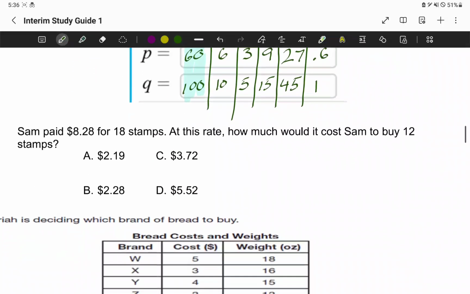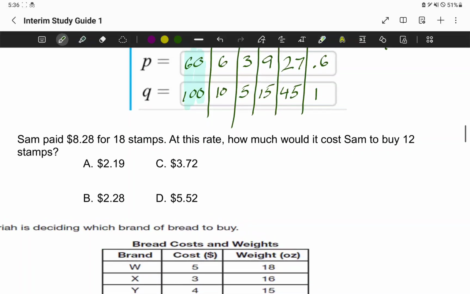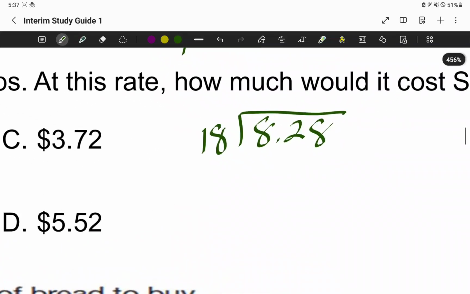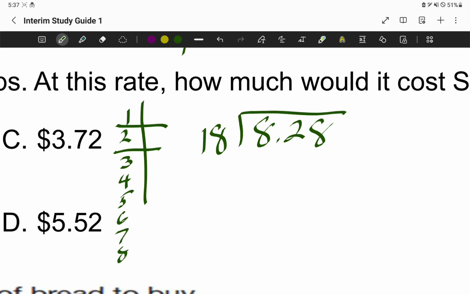Okay. And now this stamp question. Now, there's a few ways to do this. Personally, I prefer doing 18 into 828 and doing the long division. And so we've got 1, 2, 3, 4, 5, 6, 7, 8, 9.